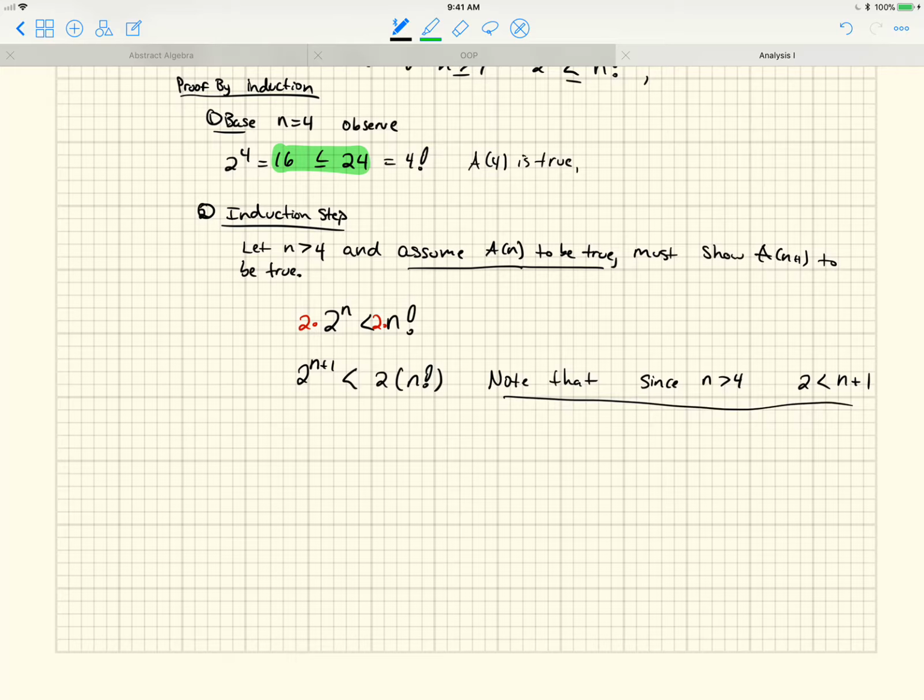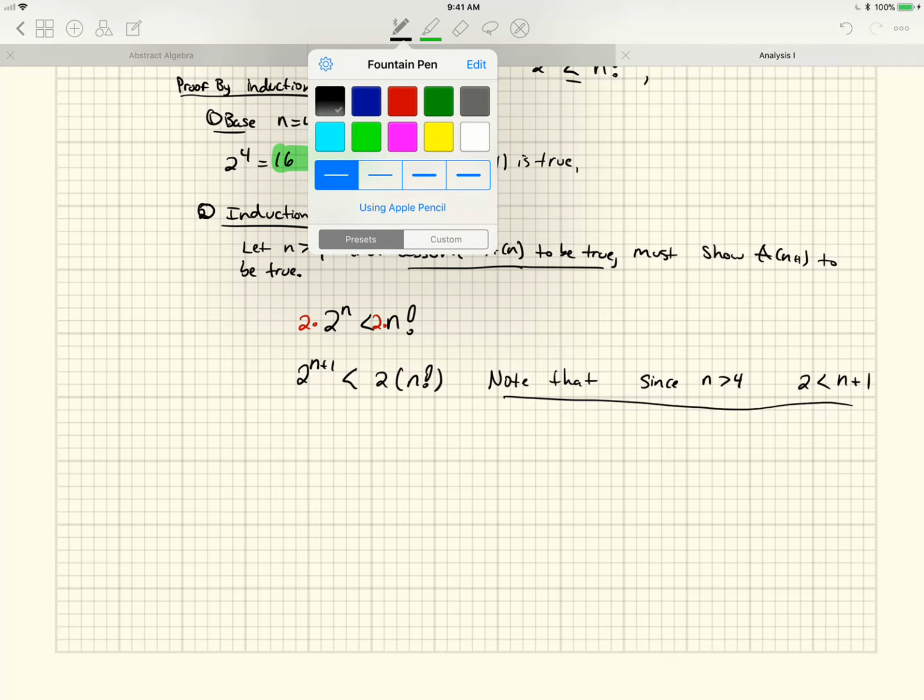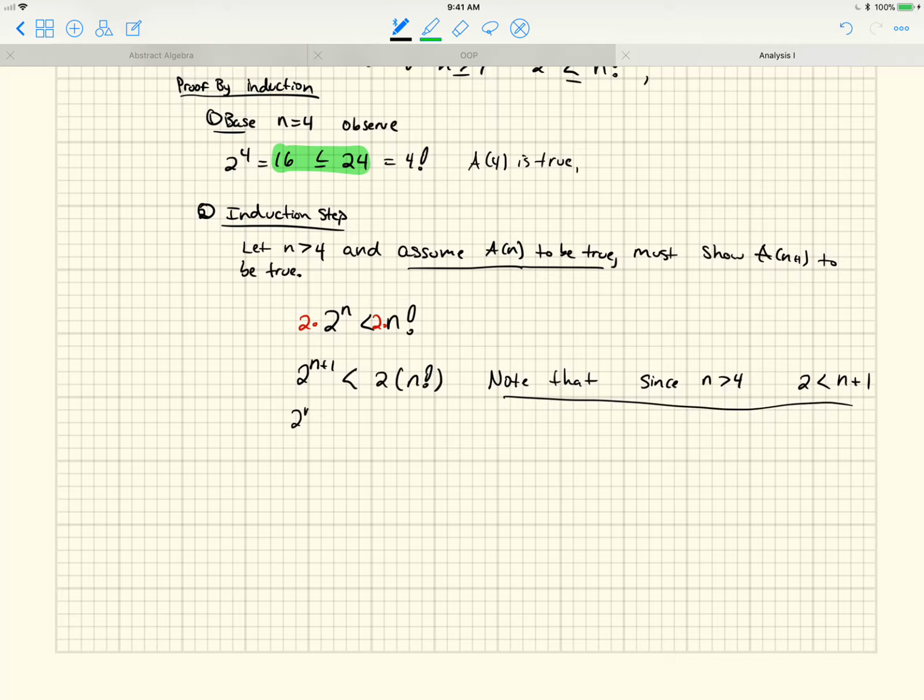And because of this, I can also say that 2^(n+1) must be less than 2 times n!, which is less than... oh, I'm sorry, not plus 2. I jumped to the wrong conclusion. (n+1) times n!, right? Which implies then that 2^(n+1) is less than (n+1)!, right?